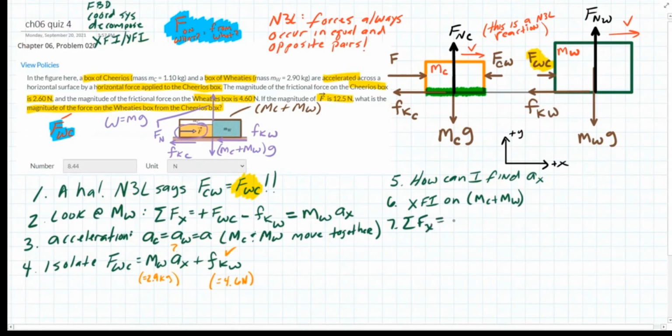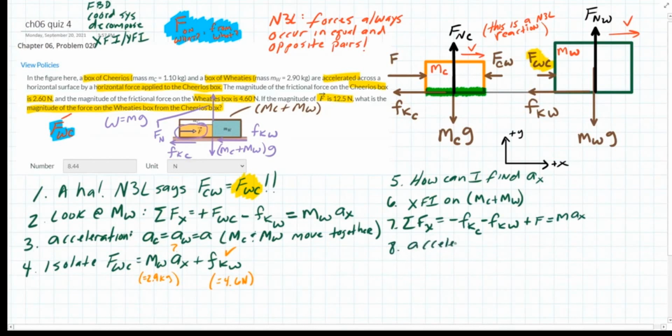So I have minus FKC, the kinetic friction of the Cheerios, minus FKW, the kinetic friction force acting on the Wheaties, and I guess that's it, plus F, equals mass times acceleration. And I can say something about acceleration.